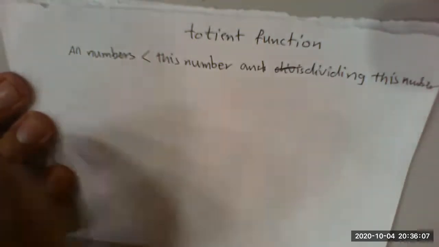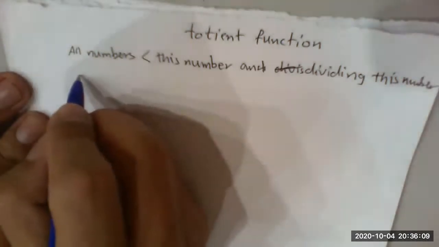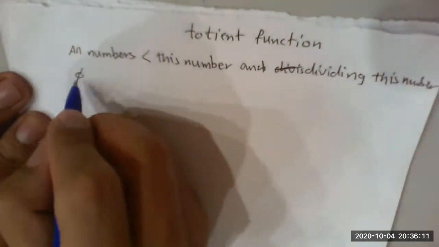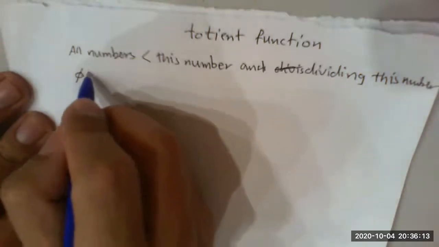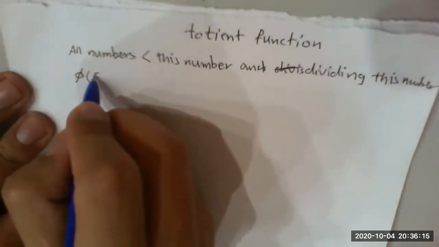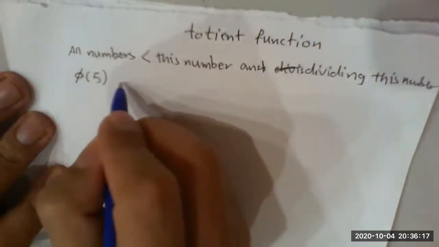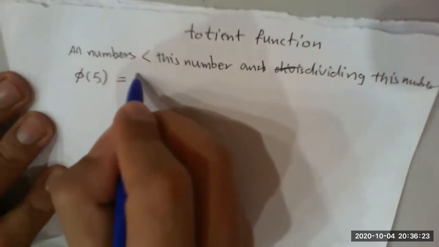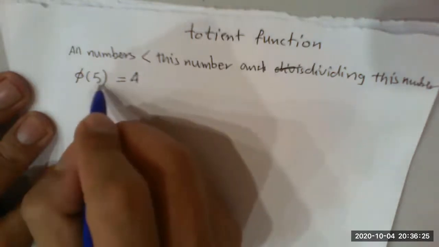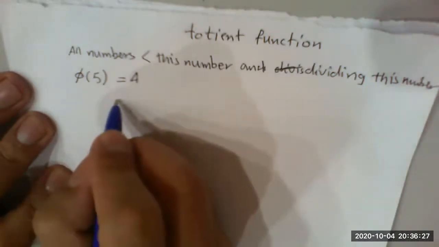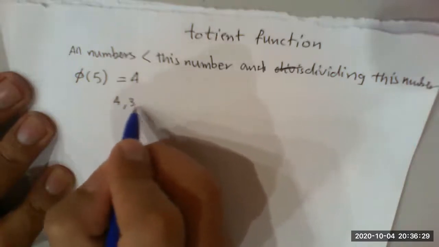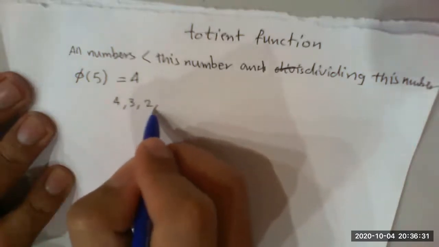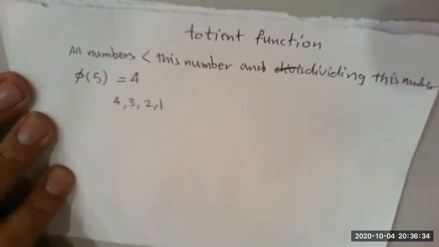For example, I can say the quotient, and this is the sign of the quotient function of 5. The quotient of 5 equals 4. Why? Because I have 4, 3, 2, and 1.